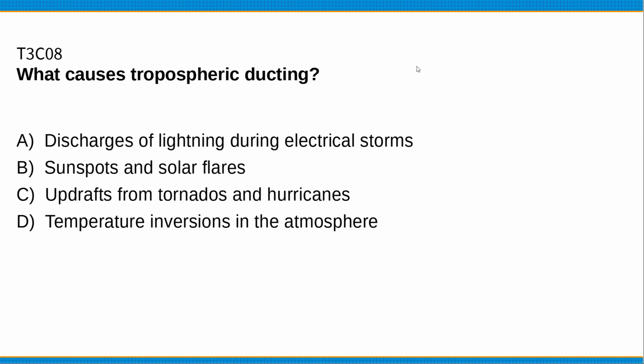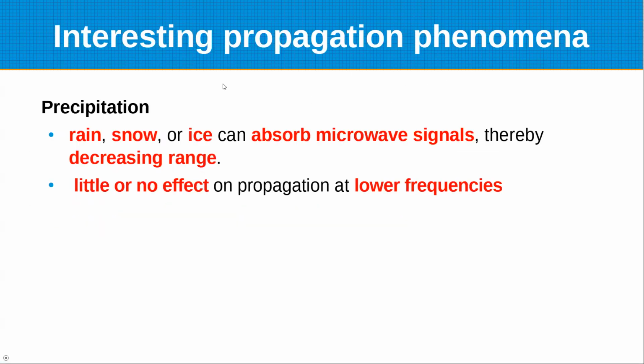Delta, delta, delta. Precipitation. Rain, snow, ice, fog can absorb microwaves, thereby decreasing the range, absorbing the signal, which means it's not going to go as far. Well, it may go as far, but it'll be a lot less energy in it.